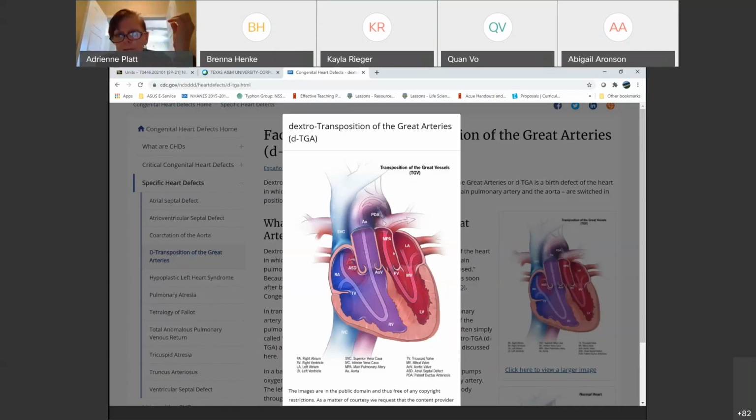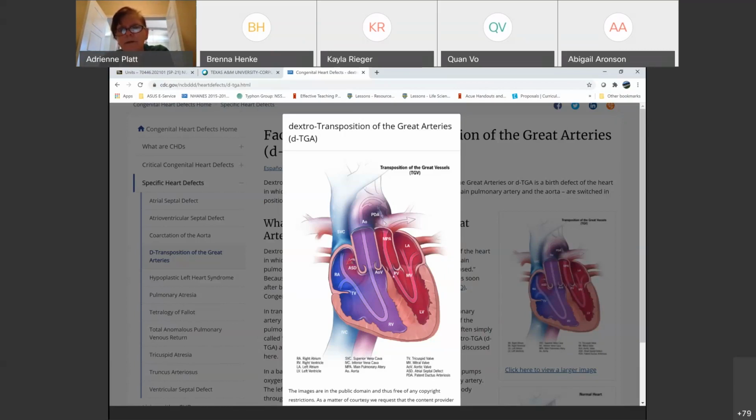Then the pulmonary artery takes the left ventricle blood to the lungs. Anyway, they're switched, so the oxygenated blood goes right back through and doesn't get out to the body. So that's going to be a cyanotic lesion.